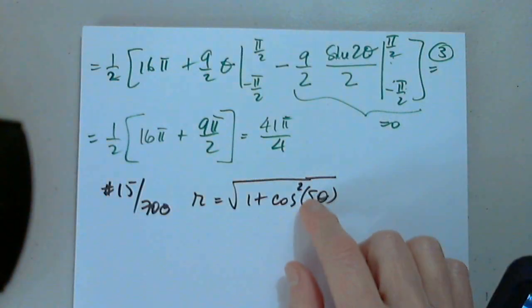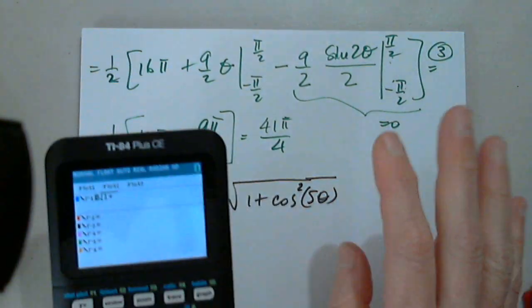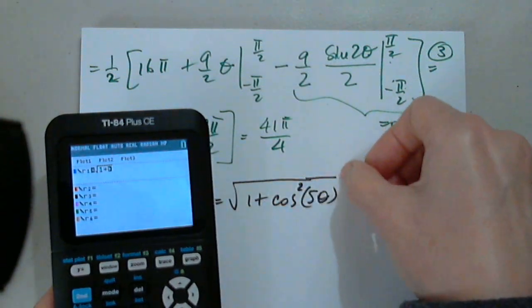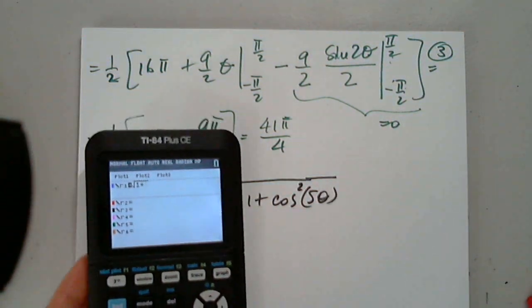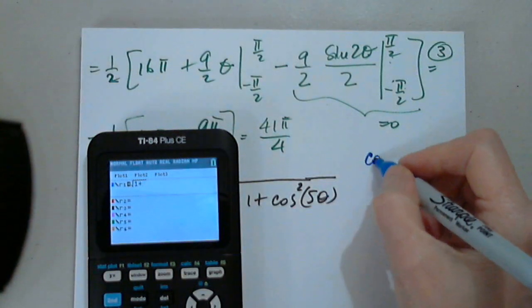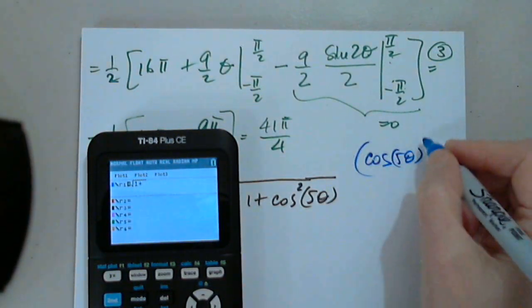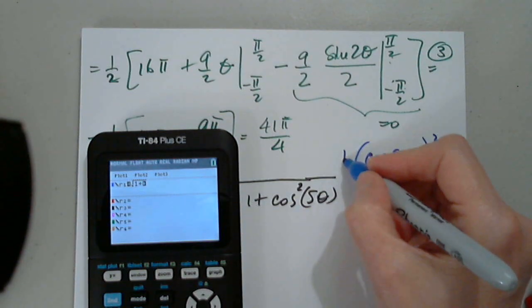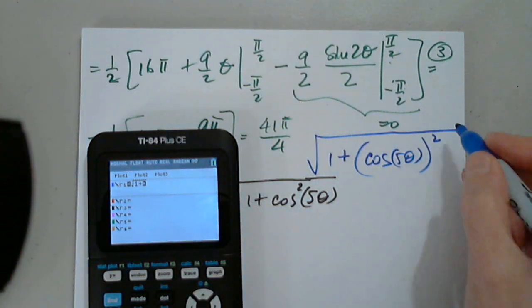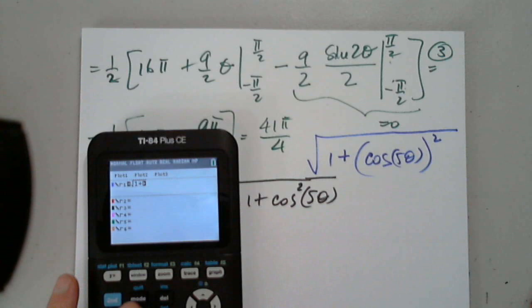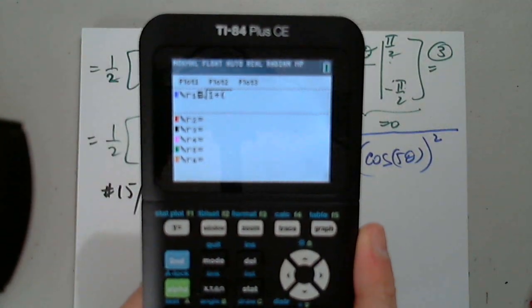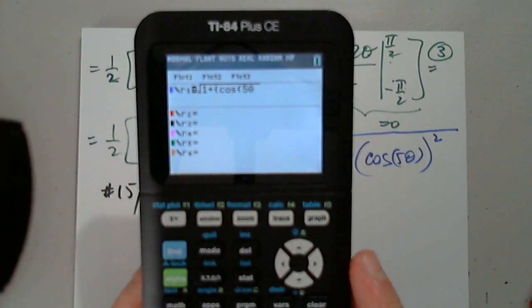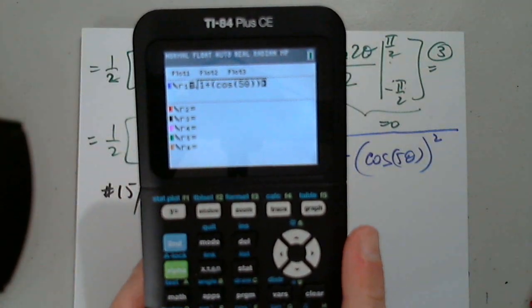I don't know, maybe there is another way, but I prefer putting parentheses and the square outside, not outside of the square root, of course. But I enter it like this. Cosine 5 theta, everything squared, with plus 1 in front and, of course, the square root on top of everything. So, parentheses, cosine 5 theta, close, close, square.